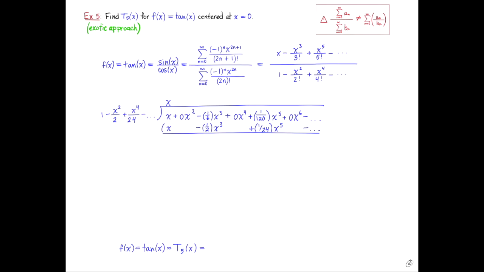Subtracting the second line from the first, we have that x minus x is equal to 0. Negative 1/6 x cubed minus a negative 1/2 x cubed becomes 1/3 x cubed. 1 over 120 x to the 5th minus 1/24 x to the 5th simplifies down to minus 1 over 30 times x to the 5th.